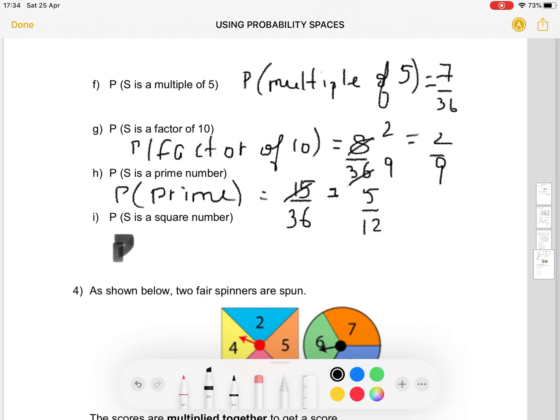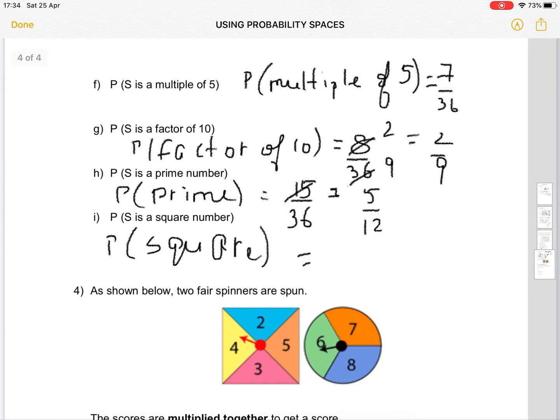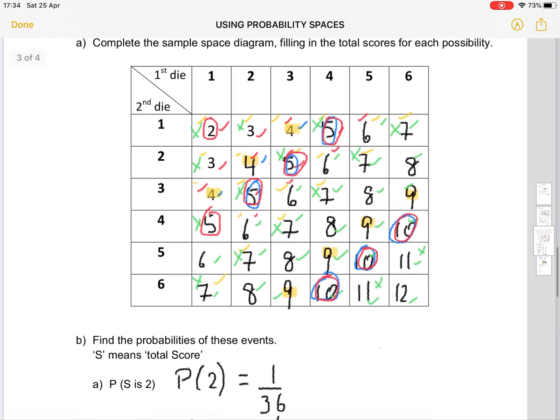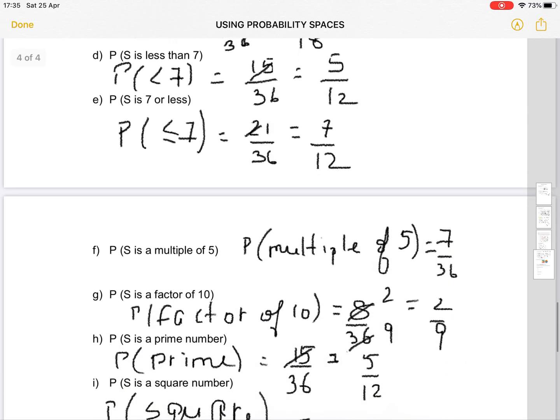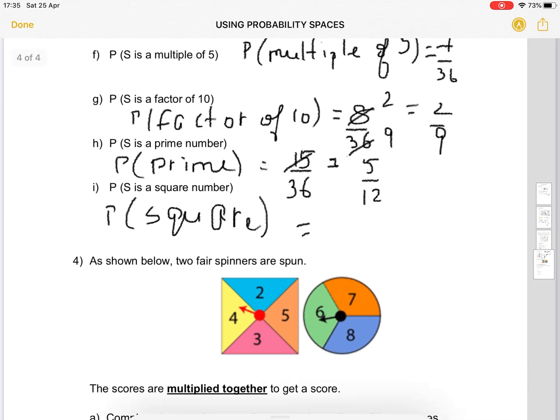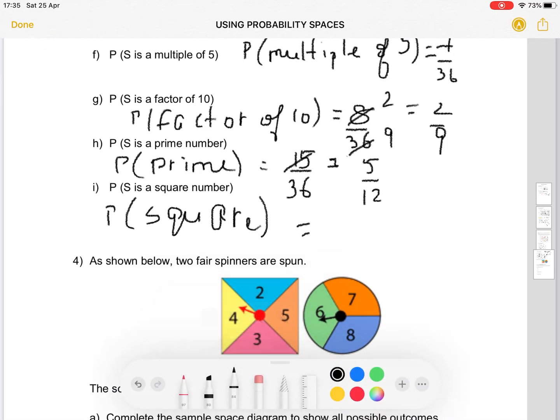Probability square is 7 on 36. That cannot be simplified further.